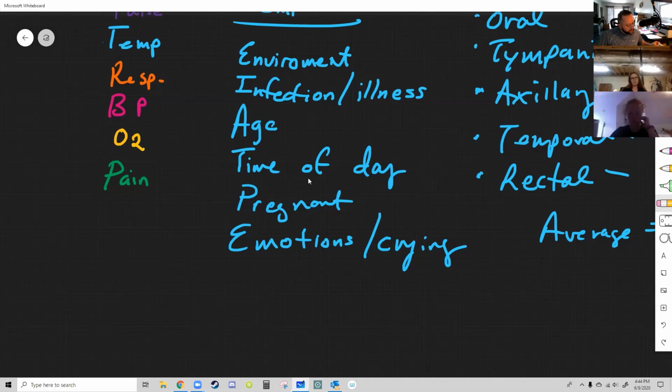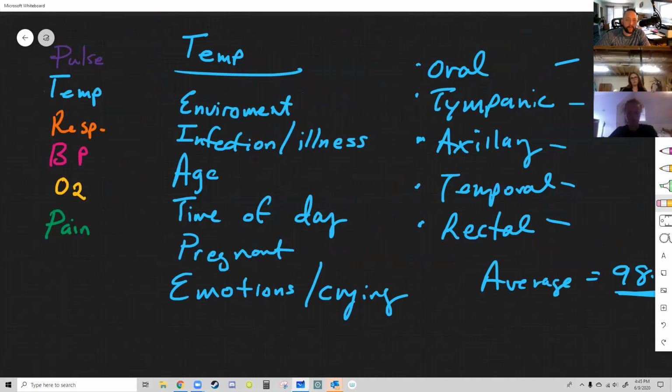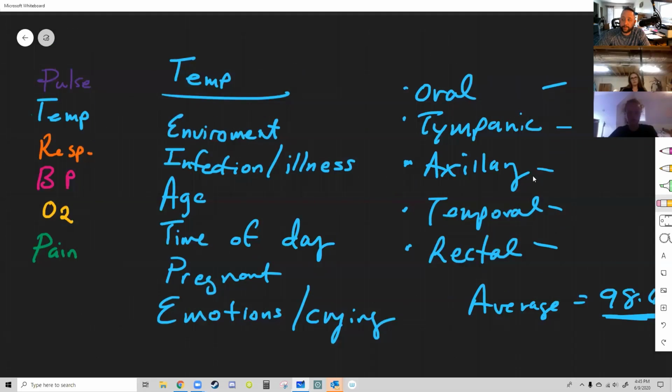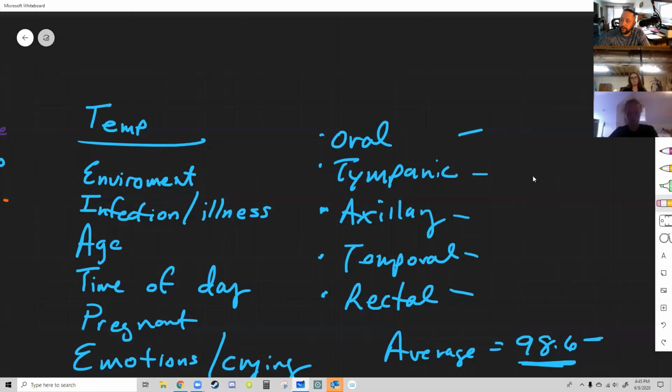There are all kinds of different ways you can measure a temperature that my MAs have to learn. But there's a couple of reasons why you wouldn't take some of these temperatures. One reason you wouldn't take an oral temperature is if somebody just had oral surgery, for example.